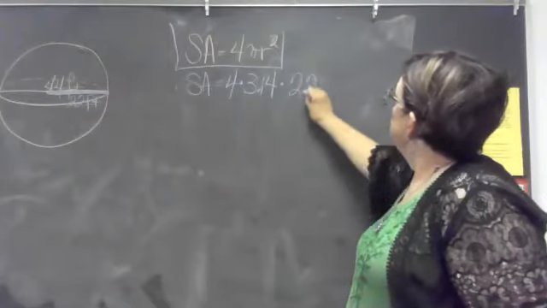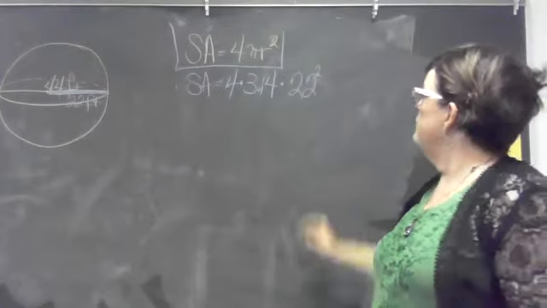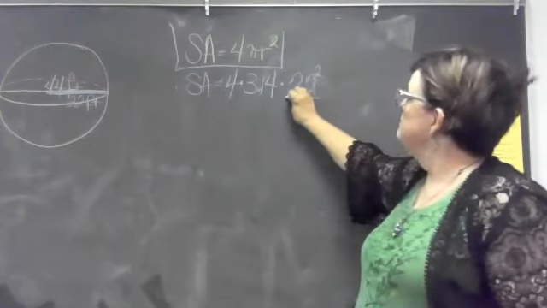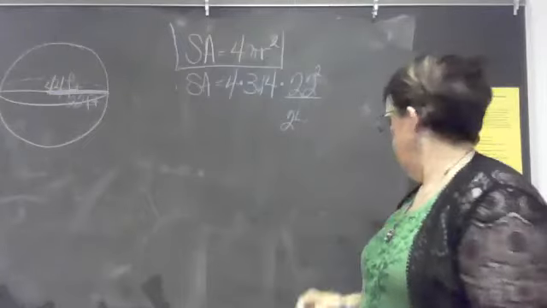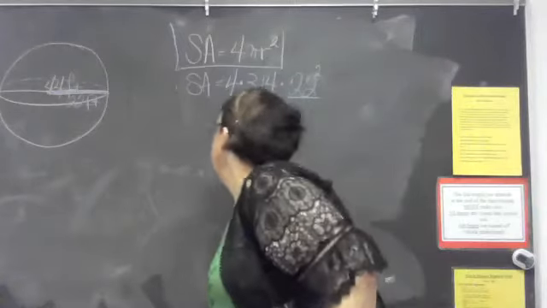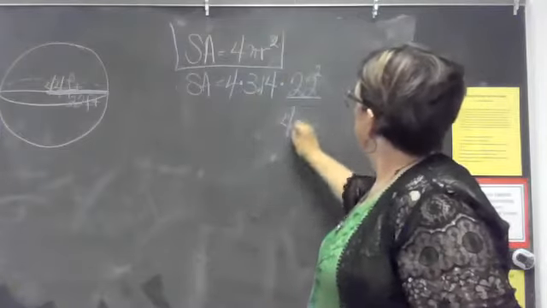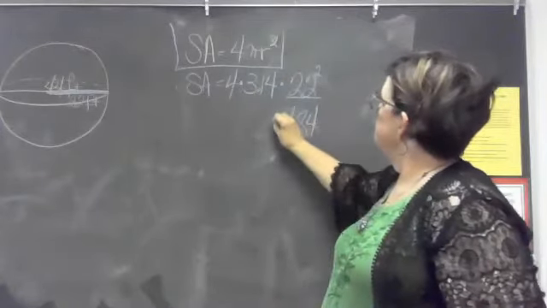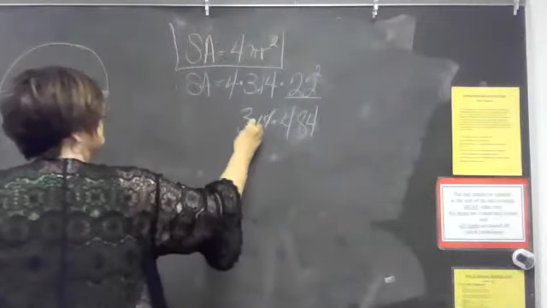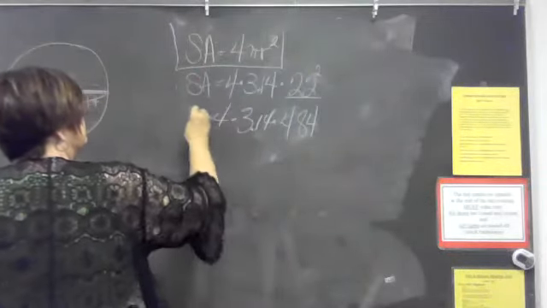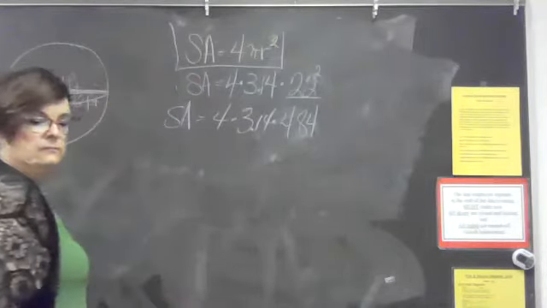Times 22 squared. If you're using the order of operations, you need to do this first. And so I think it's 242, is it? No, 444. 484, we do that first. You can do the rest of this in your calculator.